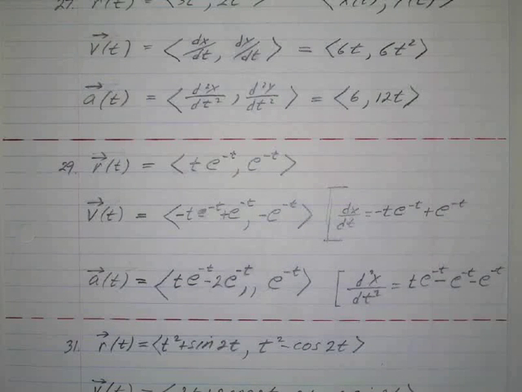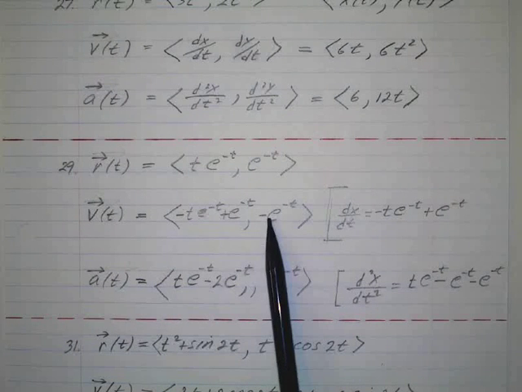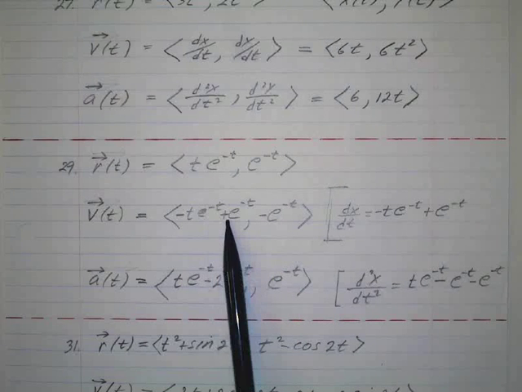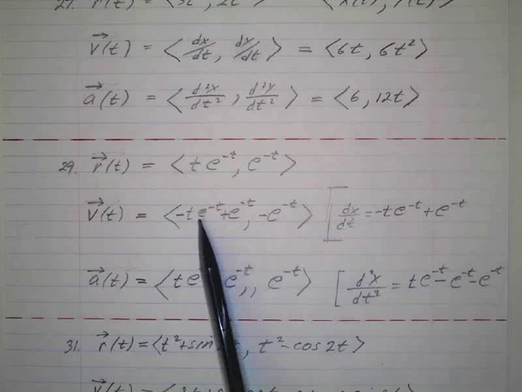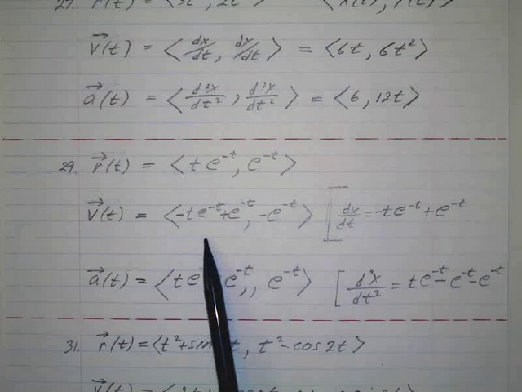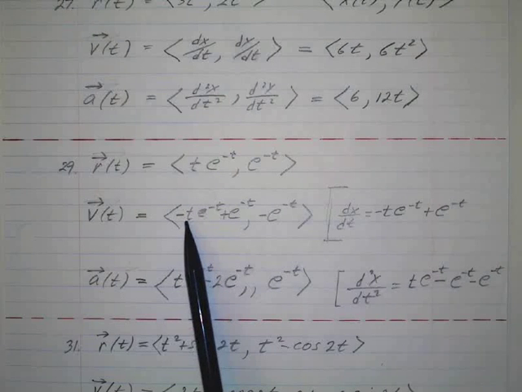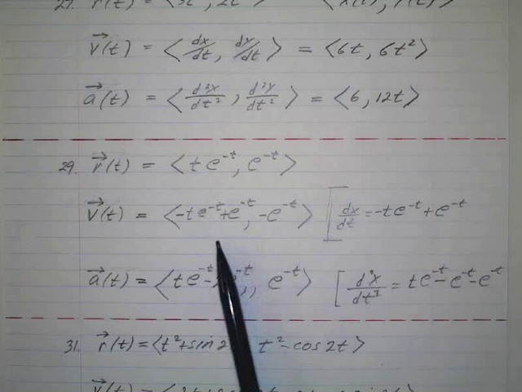And then again, if we want to find the acceleration vector, we just take the derivative of each component of the velocity vector. So we just take the derivative of negative e to the negative t. And that would be the second derivative of this. And this is going to be a product rule again. So I've got the first, which is negative t, times the derivative of the second, which is negative e to the negative t.